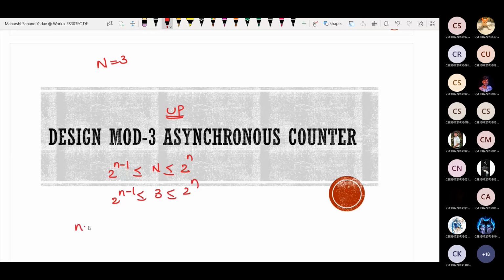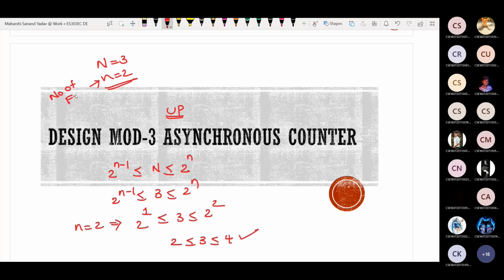Let me check: 2 to the power 1 is 2, 2 to the power 2 is 4. So 2 is less than or equal to 3, which is less than or equal to 4. So n is equal to 2. Here small n indicates the number of flip-flops, whereas capital N is the given mod value. So take 2 flip-flops and design a mod 3 asynchronous counter.